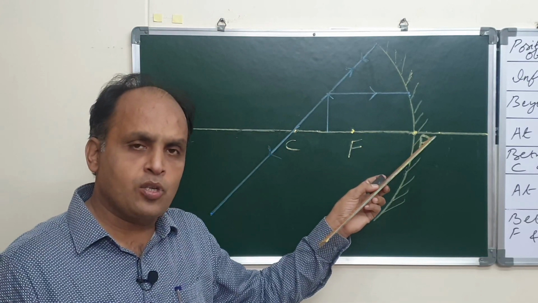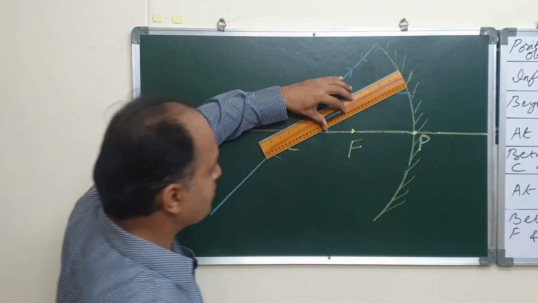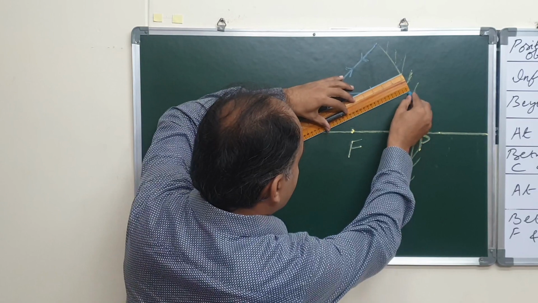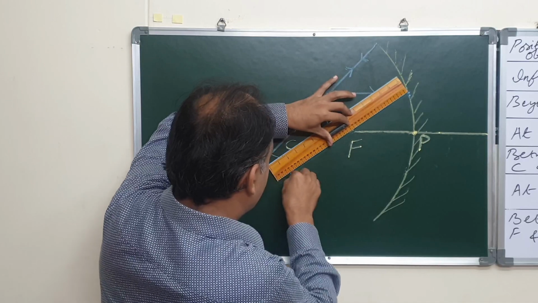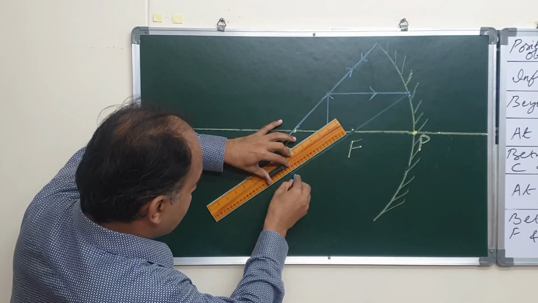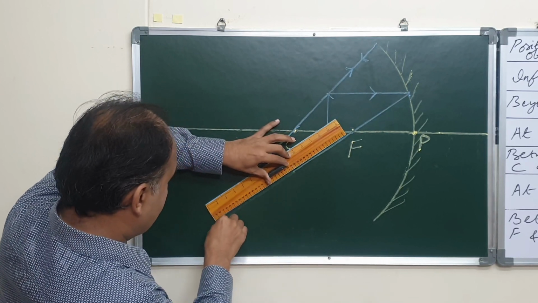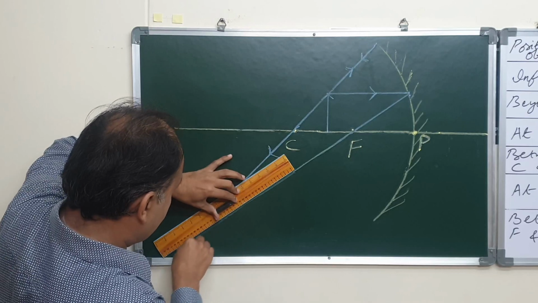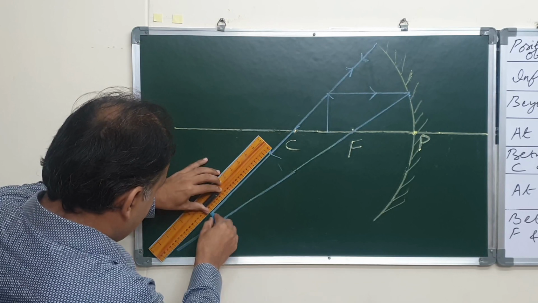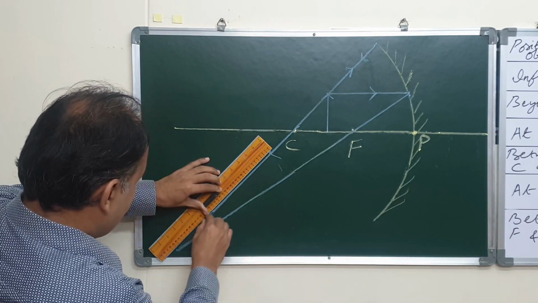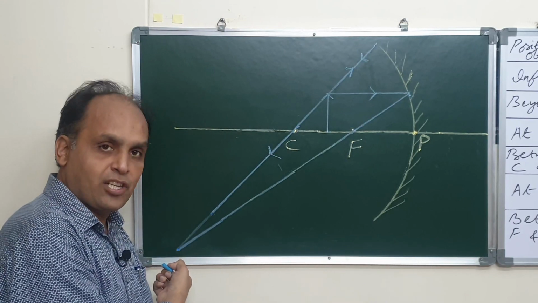And we all know the ray which goes parallel to the principal axis after reflection goes through focus. And as you can see, this is where the rays of light are actually meeting.